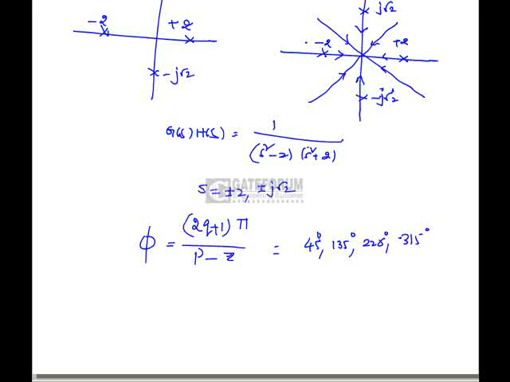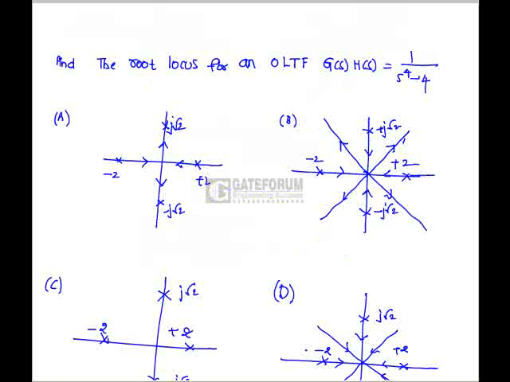So asymptotes follow this. The poles are going to move from k equals 0 to k equals infinity, meaning the poles are going to follow the asymptotic path in this way. Hence option B is correct.